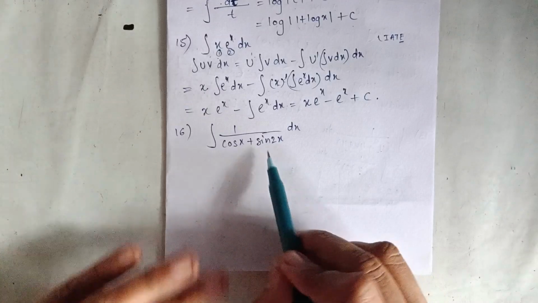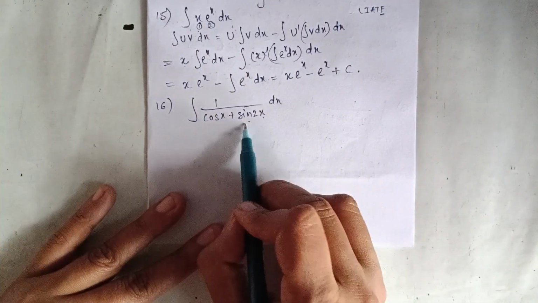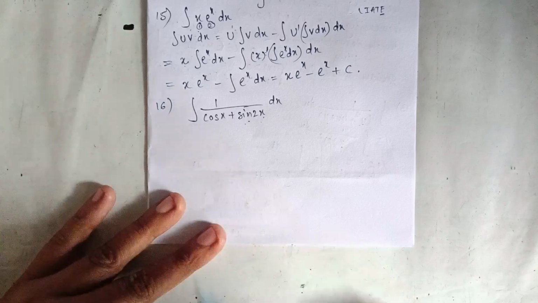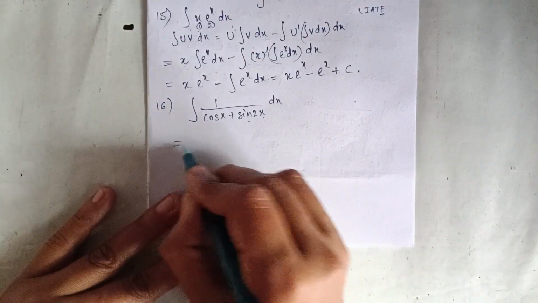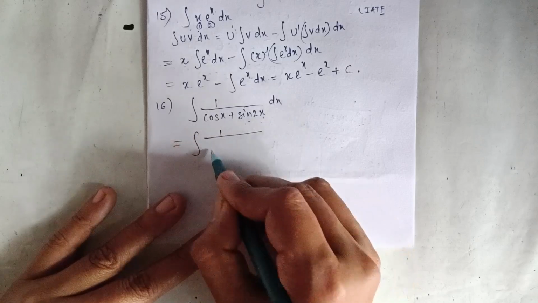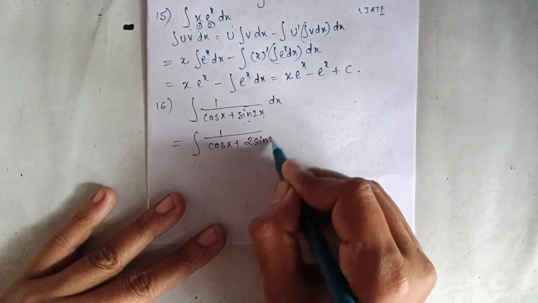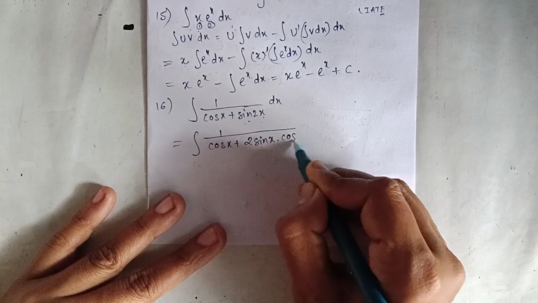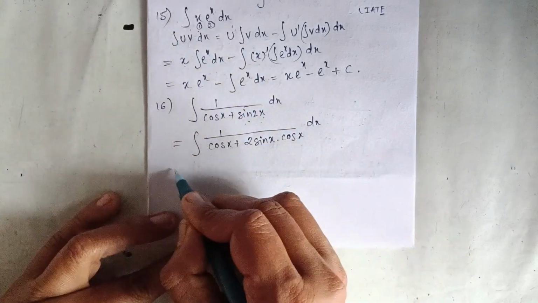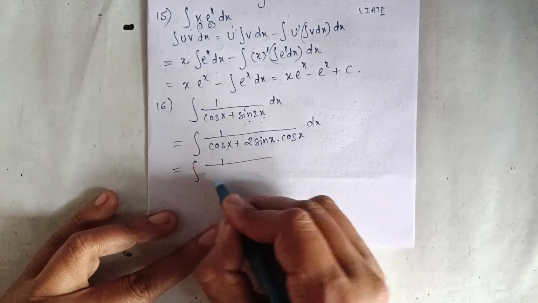So looking at sin 2x, you'll understand that you have to substitute sin 2x as 2 sin x into cos x. Okay, using the trigonometric identities. So cos of x you can take common.